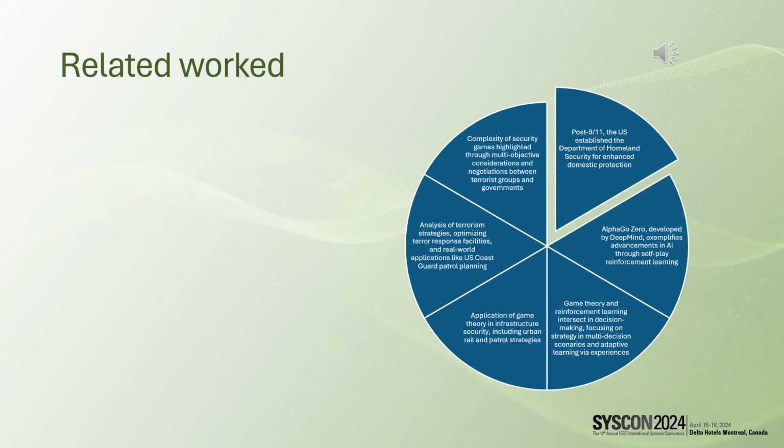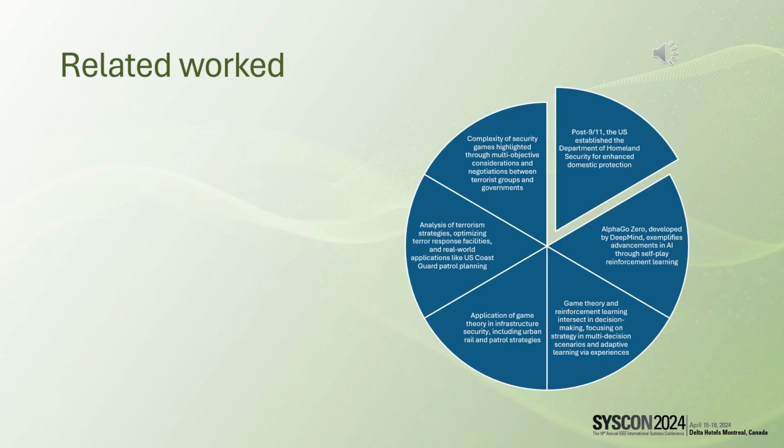In parallel, the field of artificial intelligence, particularly in gaming, saw significant advancements with the development of AlphaGo Zero by DeepMind. AlphaGo Zero represents a milestone in self-play reinforcement learning, starting without prior game knowledge and progressively enhancing its capabilities by playing against itself.